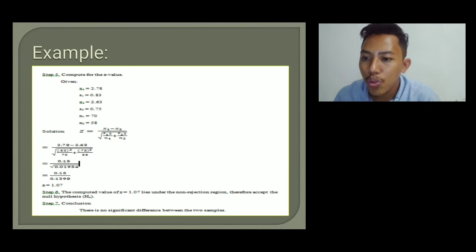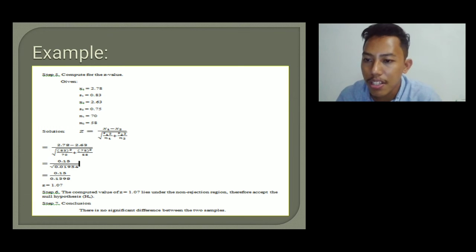So, 2.78 minus 2.63 over the square root of 0.83 squared over 70 plus 0.75 squared over 58.